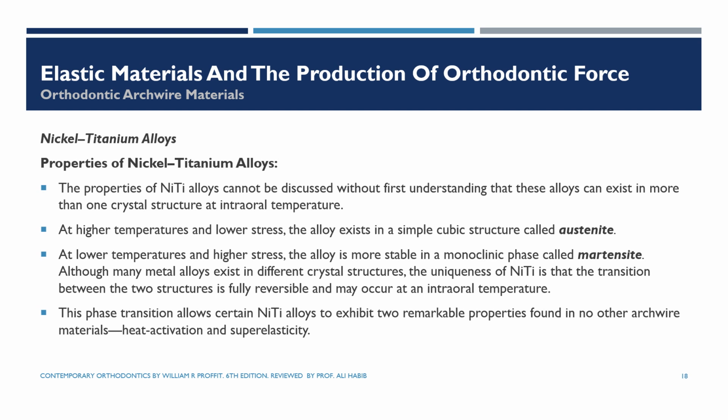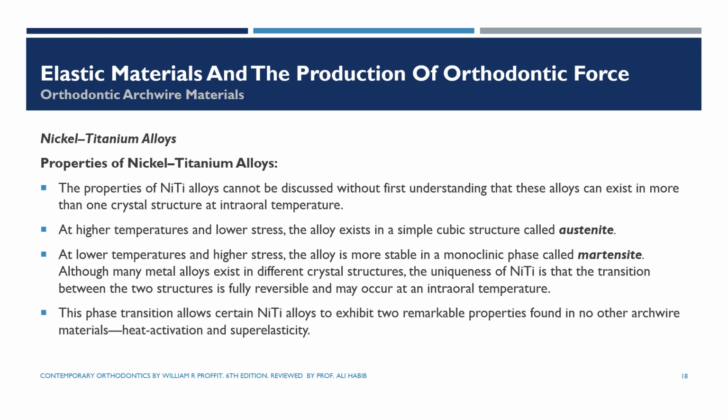But in order for us to understand the rest of the properties, it's a very interesting wire. And we should know that this NiTi wire can exist in more than one crystal structure at intraoral temperature. So it can change from one stage to another, from one crystal structure that has certain properties to another one.